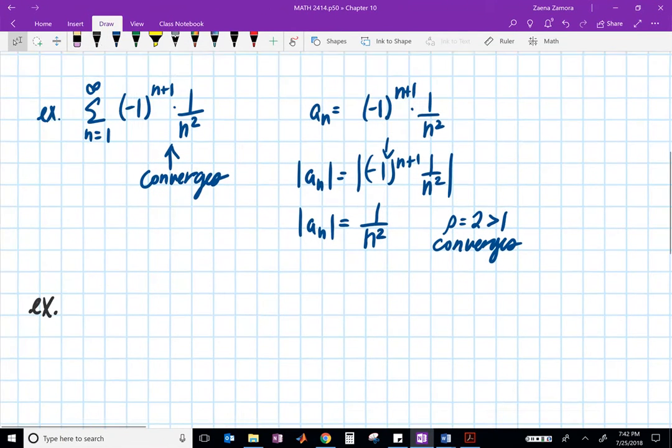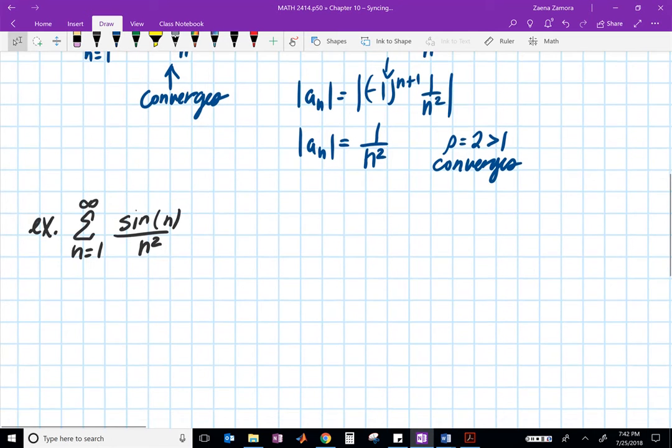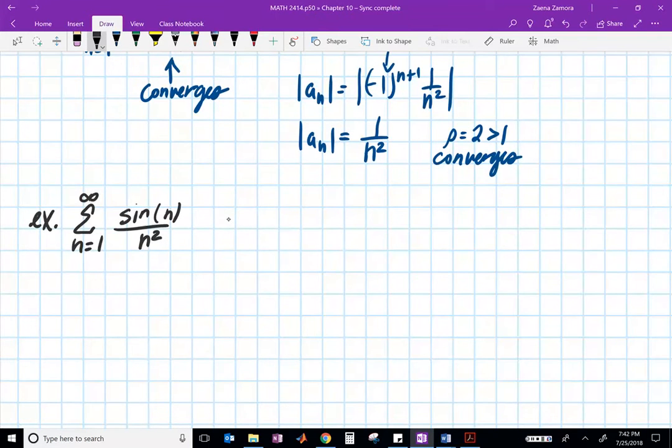All right, let's look at this example. n equals 1 to infinity of sine of n over n squared. Again, we know that sine of n is between -1 and 1.